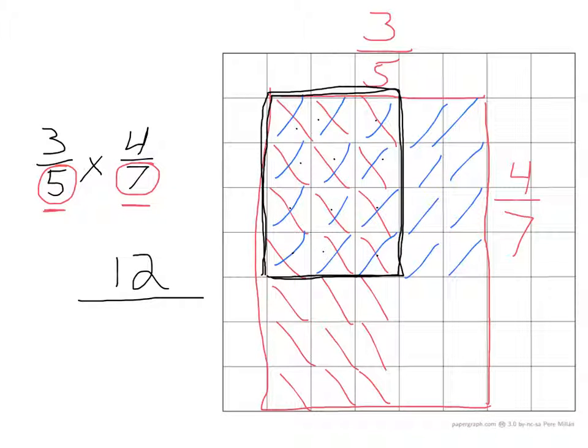And then I go and look at the entire array. This was a 5 by 7 array, and 5 times 7 is 35. So out of the total 35 equal parts, I'm only interested in 12 of them. So when I multiply 3/5 times 4/7, I get 12/35ths. This is a great way to get a better understanding of what's taking place when we multiply fractions.